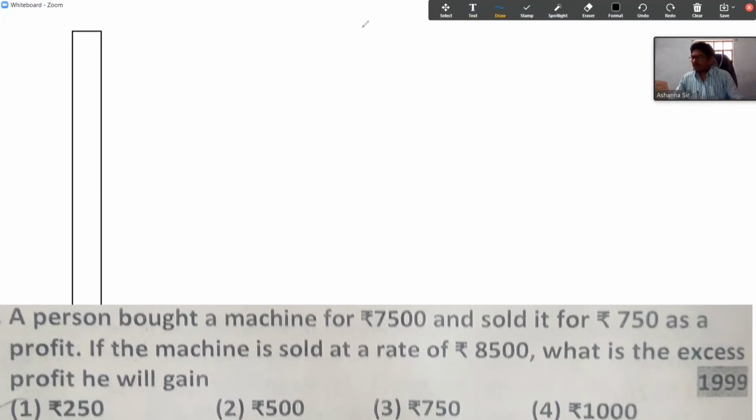Question number 15. A person bought a machine for 7,500. Bought, cost price 7,500.